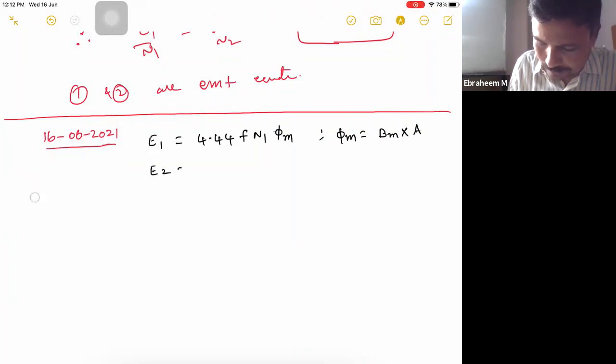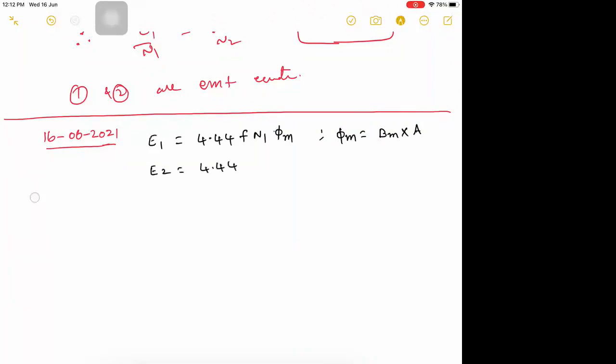Similarly, E2 is 4.44 into f into N2 into phi m.